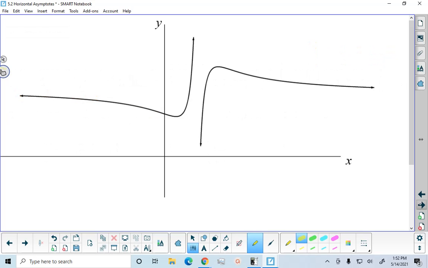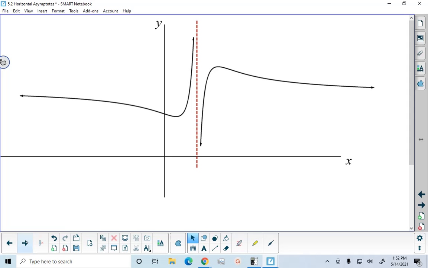So as an illustration here, there's a function. It's neither odd nor even. There does happen to be with this function a vertical asymptote, but I don't care about the vertical asymptote. What I care about is the horizontal asymptote. We've already studied the vertical asymptote today.